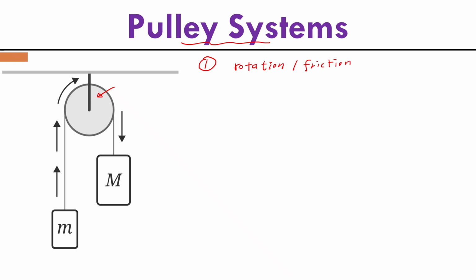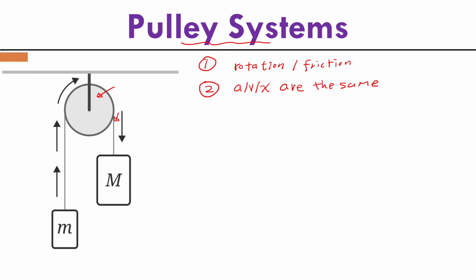That's the first important thing about a simple pulley. The second thing is the string itself is non-stretchable. What does it mean? That means the acceleration, the velocity, and the displacement on both sides of the pulley are the same.